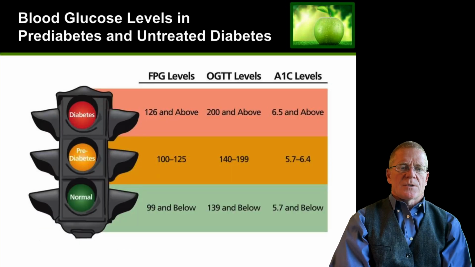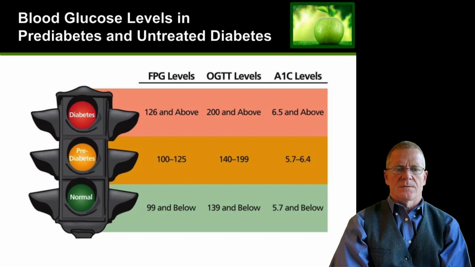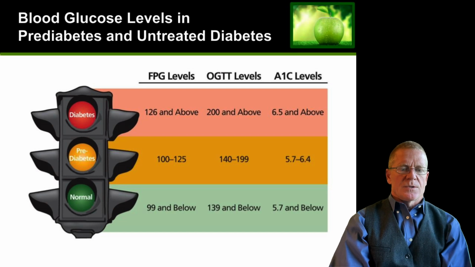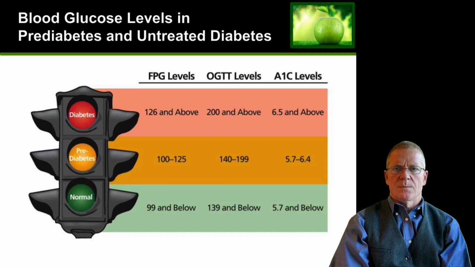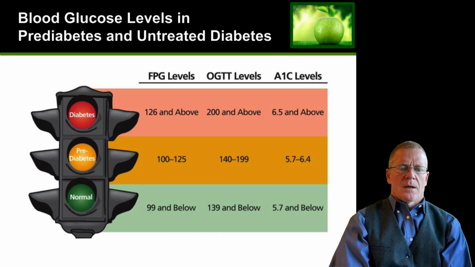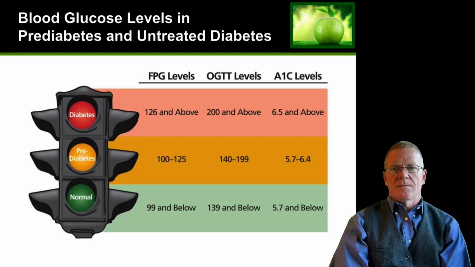Let's take a look at the actual levels that are used for diagnosis of type 2 diabetes. Normal blood glucose is a concentration of 99 milligrams per deciliter of glucose or below. At rest, typically that's taken first thing in the morning before eating.